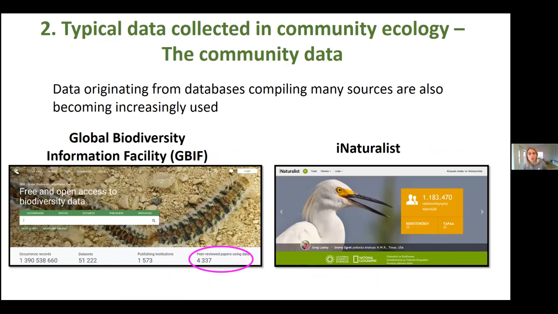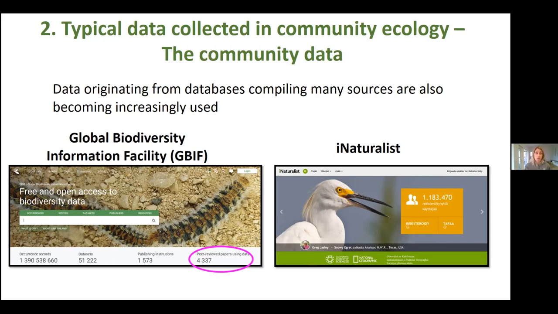Another sort of community data that is becoming increasingly common in community ecology is data that originates from databases combining many sources. The Global Biodiversity Information Facility is a famous source of this sort of database, and the iNaturalist citizen science platform is also a quite famous source.